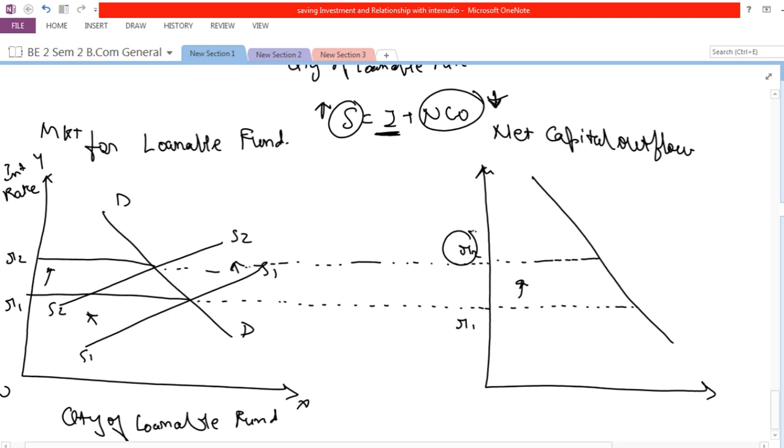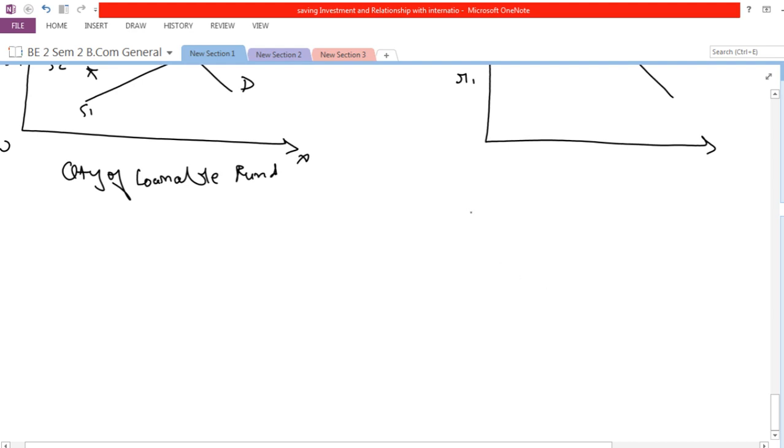Now taking this forward into the foreign exchange market, let's see how the foreign exchange market reacts. Let's write it down, because I have to extend this to here. So here we have the foreign exchange market.